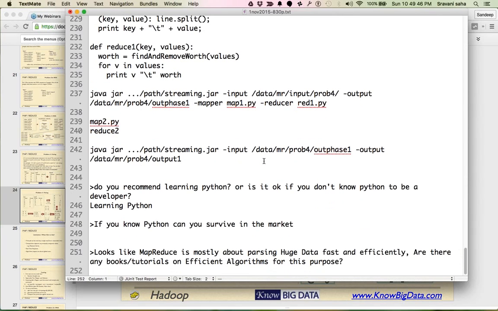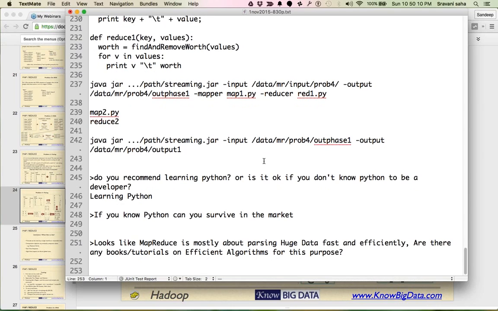Pawan's question is: looks like MapReduce is mostly about parsing huge data fast and efficiently. Are there any books or tutorials on efficient algorithms for this purpose? For those more interested in efficient algorithms, in my personal experience, out of all the books I've studied, the best book I have found is Programming Pearls.